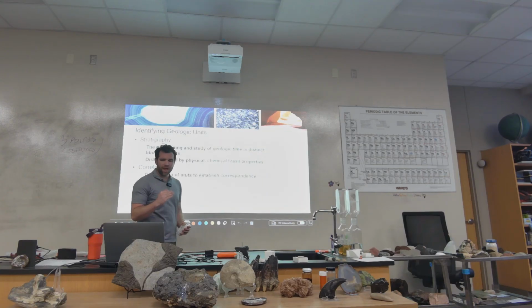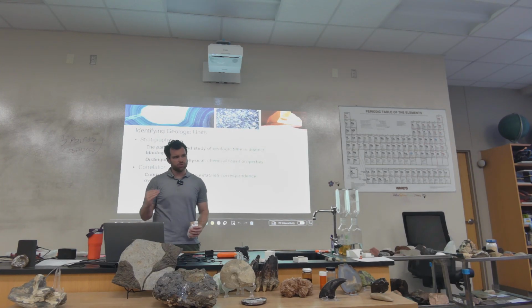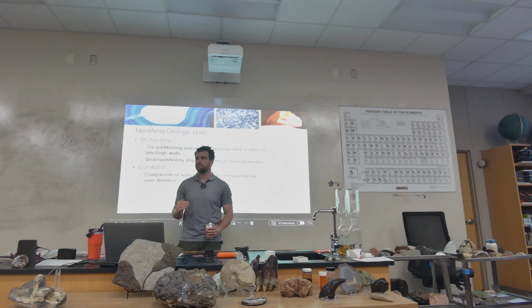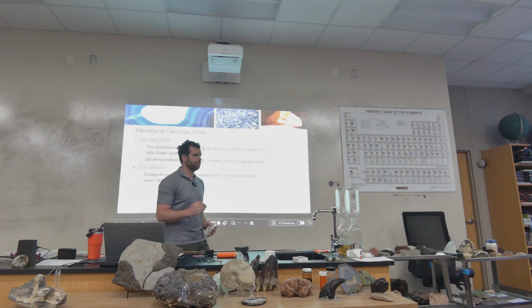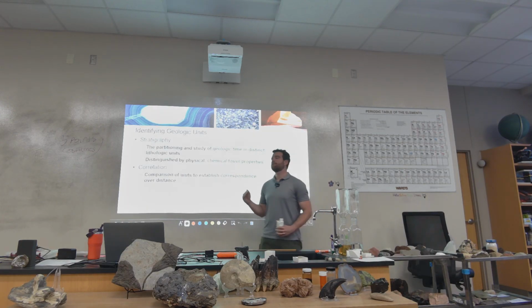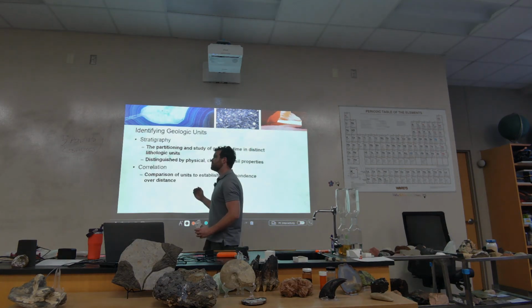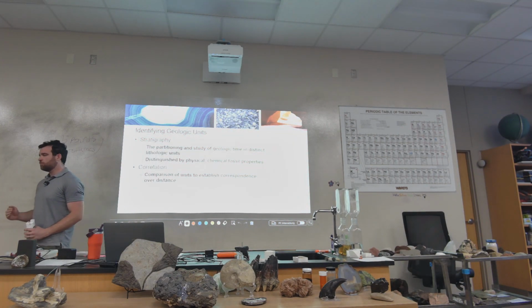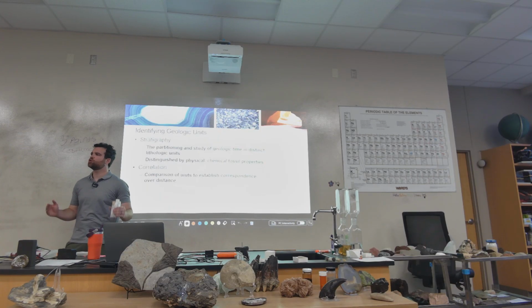There are different ways that we can use stratigraphy, though. It doesn't all have to do with the type of rock. I'm going to talk about those in a minute. But yes, the different fossils and layers of rock that we see provide correlation tools.